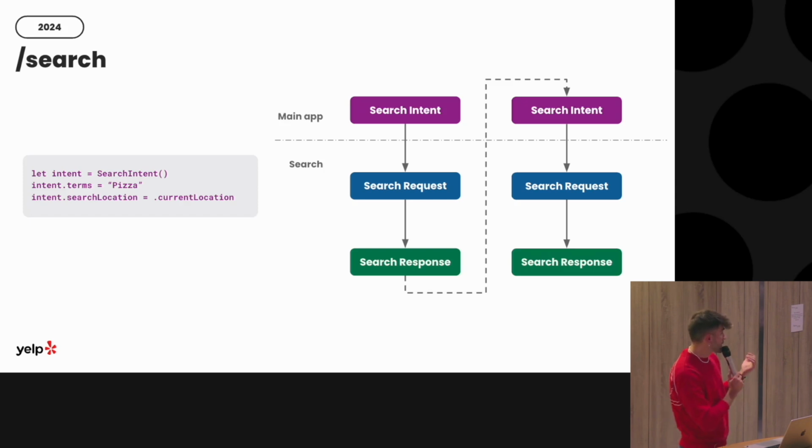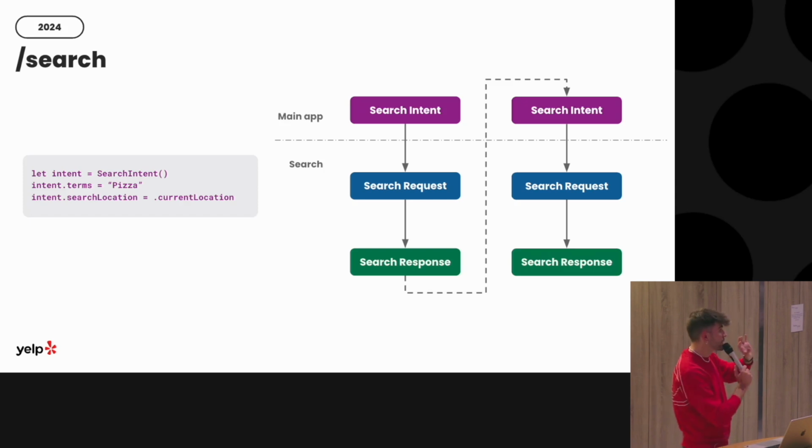They basically express, in this case, a very simple search: the term and the location of the search. We take the search intent internally in our search module, convert it into a search request, and then parse it into a search response. It's a unidirectional flow.